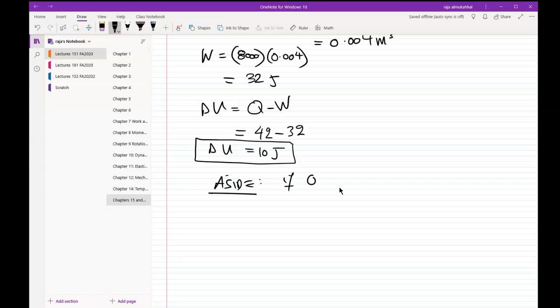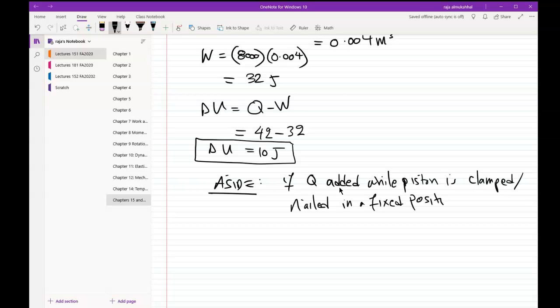Okay, here is a side question to this example. If Q is added while the piston is clamped, or if you will, nailed in a fixed position, in other words, I am not allowing the piston to move.